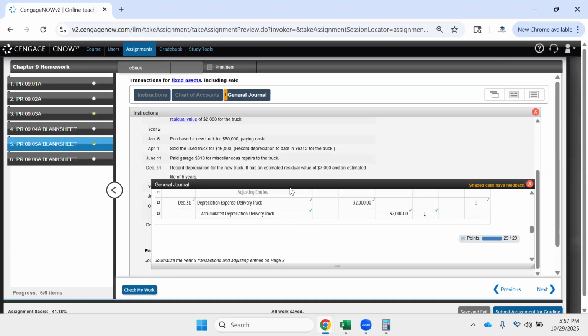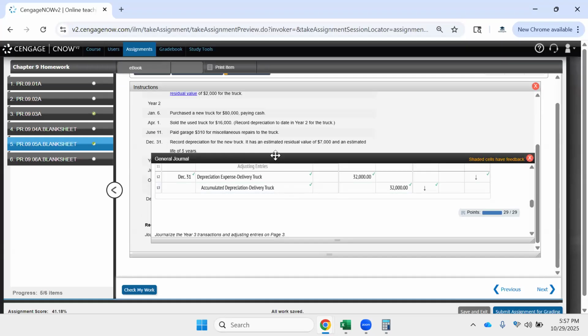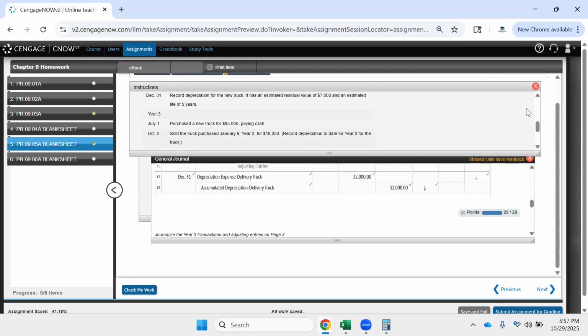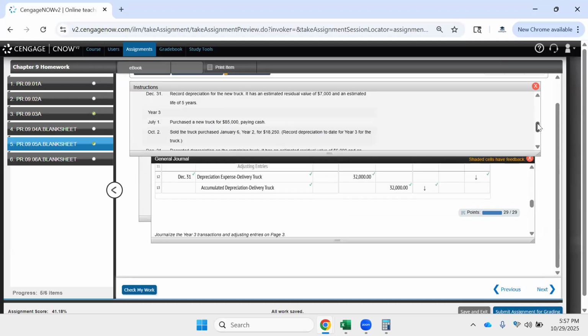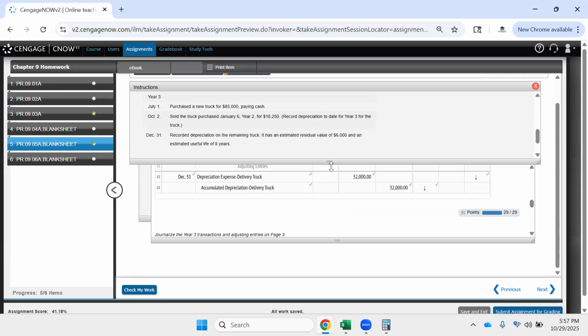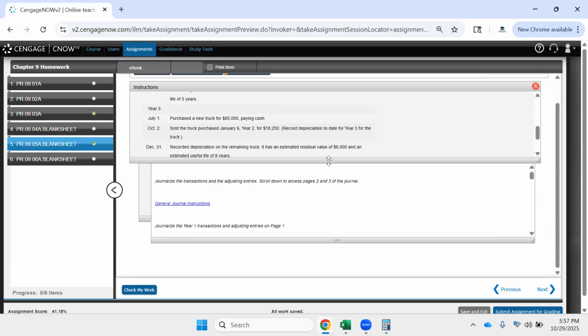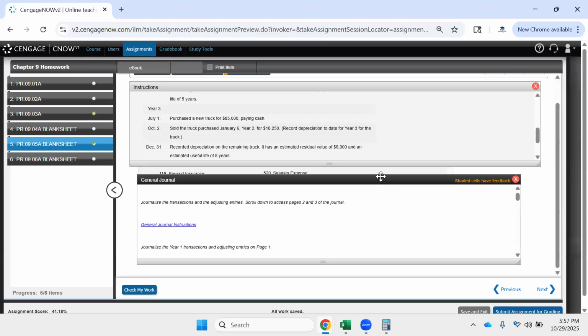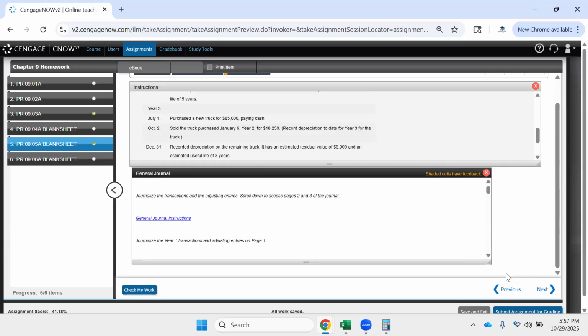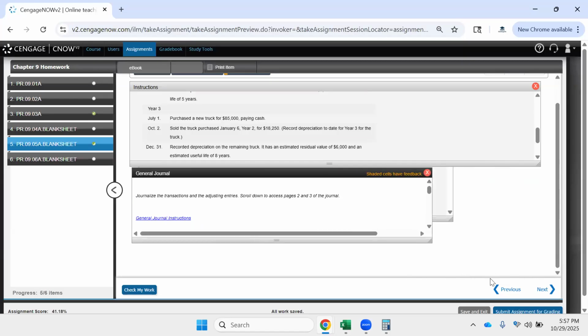And then in year 3, we purchased another new truck for $85,000.